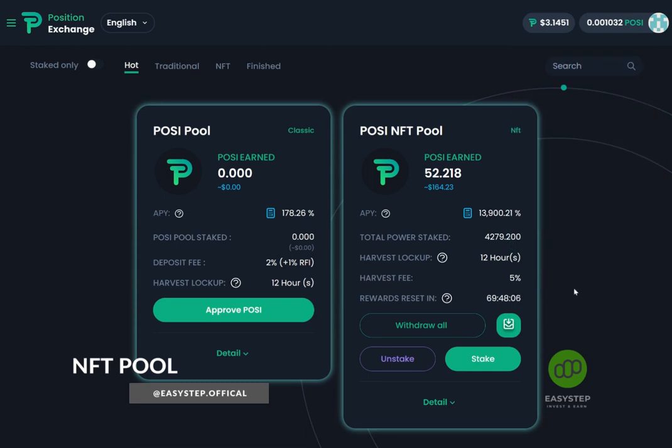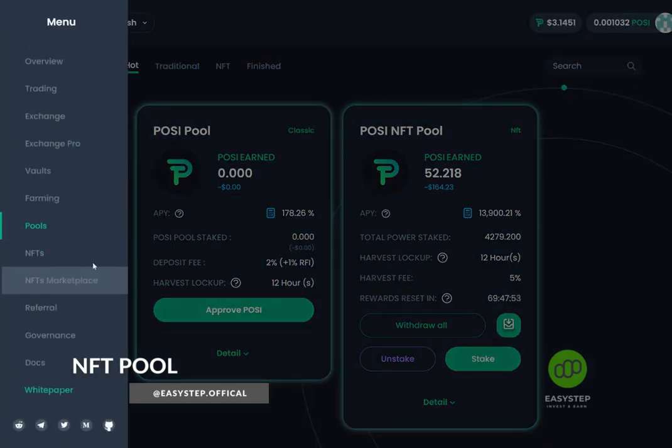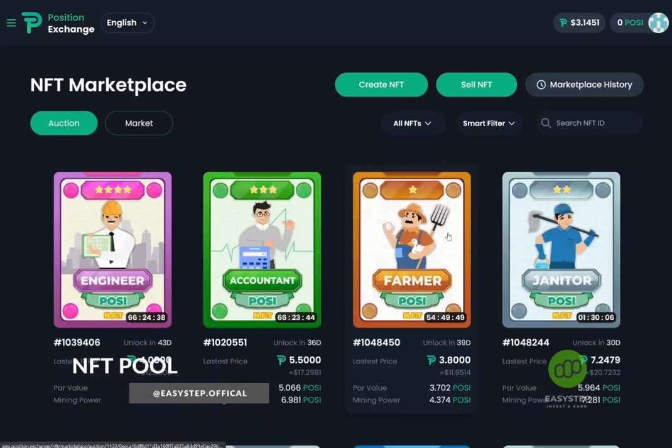Now, the way you stake in the NFT pool is that you have to buy an NFT. You can go to the NFT Marketplace, or you can go over here to NFTs. Let's start with the NFT Marketplace.